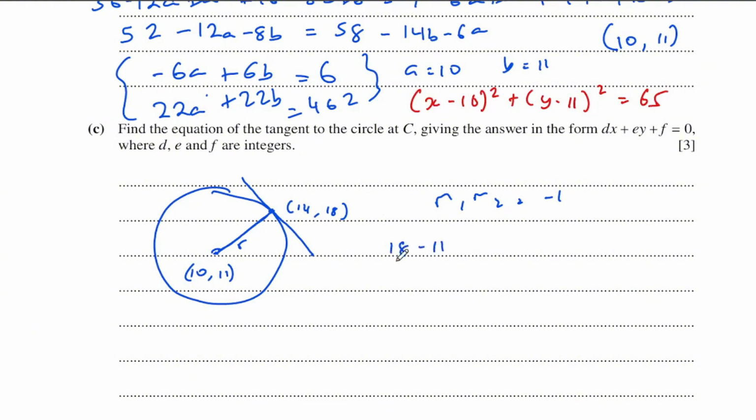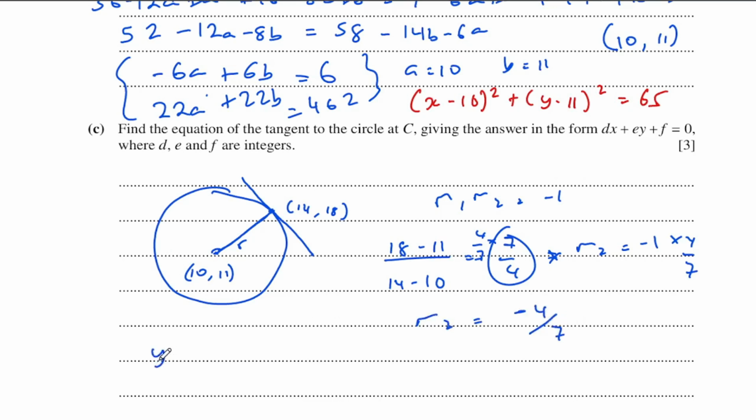18 minus 11 over 14 minus 10. This just becomes 7 over 4. So that's the gradient of the radius, then the gradient of the tangent you would just multiply by m2 equals negative 1 times 4 over 7. So m2 will equal negative 4 over 7.